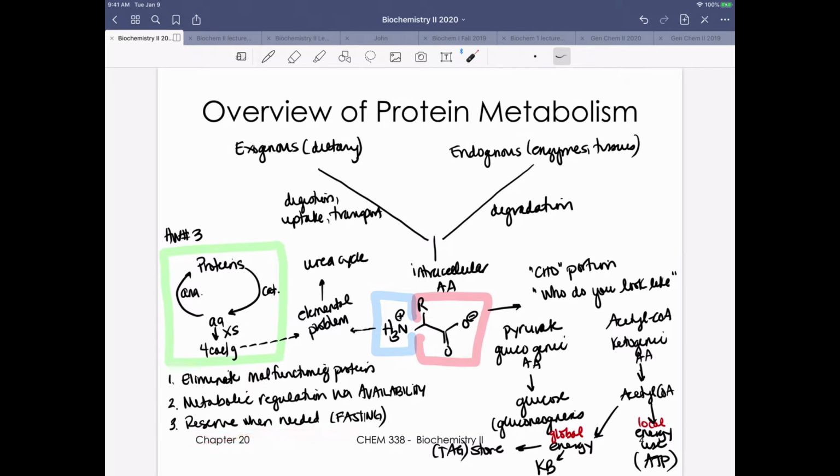We'll spend more time on the details in our last learning unit, when we talk about applications of integrative metabolism. If you are fasting, utilizing endogenous proteins is a way to tap into a reserve when that's needed.